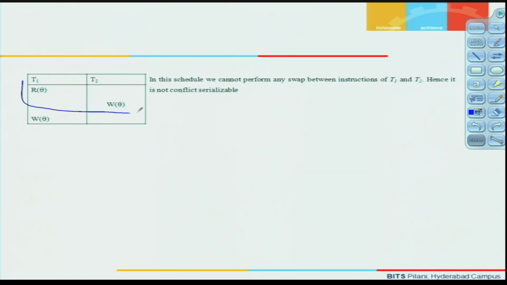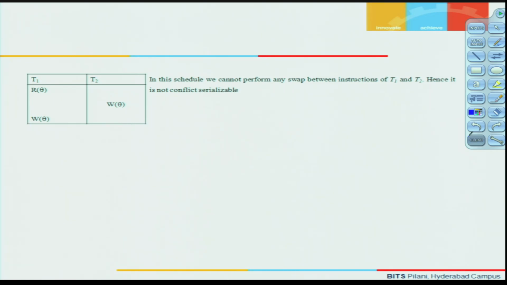If you consider this pair of operations, both of them are on the same data item, and at least one of them is a write operation. Hence, they are a conflicting pair of operations. Swapping is not possible. The same holds for the next pair.